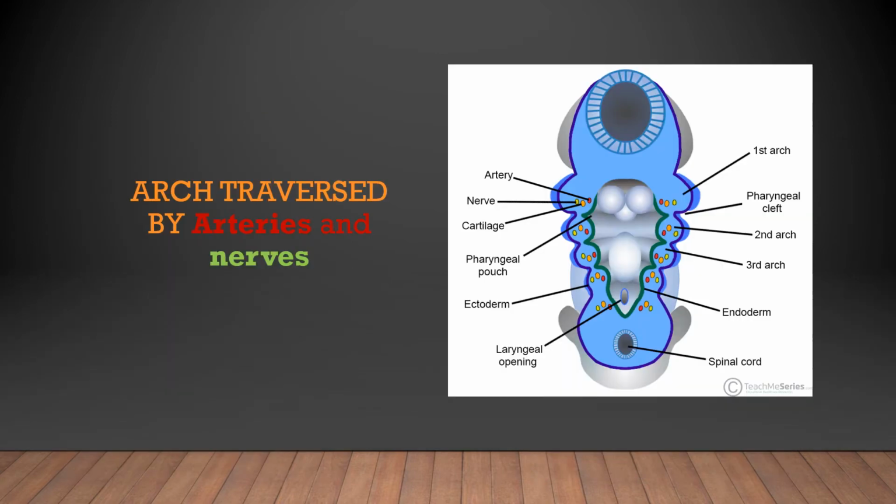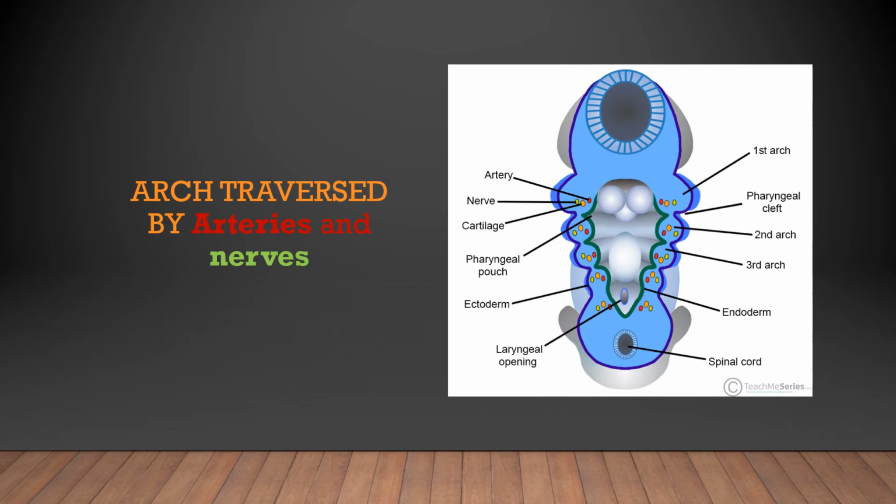One thing to remember: this branchial apparatus forms structures in 3 groups, that is ectodermal derivatives, endodermal derivatives and mesodermal derivatives. Here we are going to see only the mesodermal derivatives. The mesodermal derivatives form 4 important structures, and of these, we will see only the derivatives of the arteries and nerves.